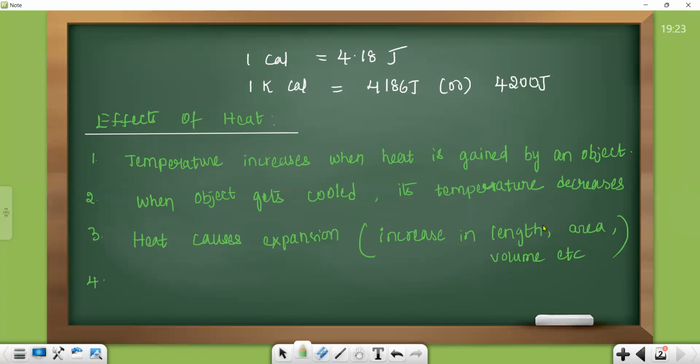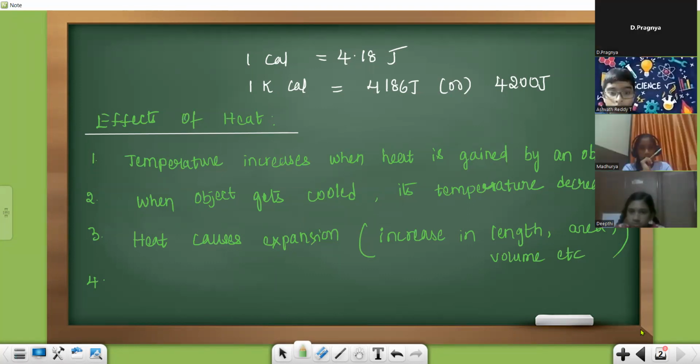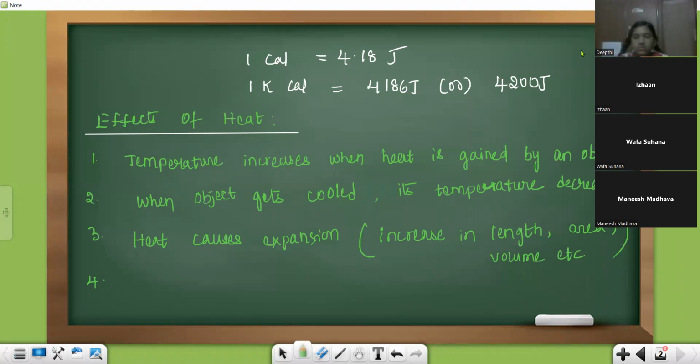Ma'am, a good example is a railway track. If you look closely while looking out of the train, after each track there's a little bit of distance. In summer the iron expands, and if there's no space for it to expand, it's going to bend, which can cause an accident. And in winter it contracts back. Yes.